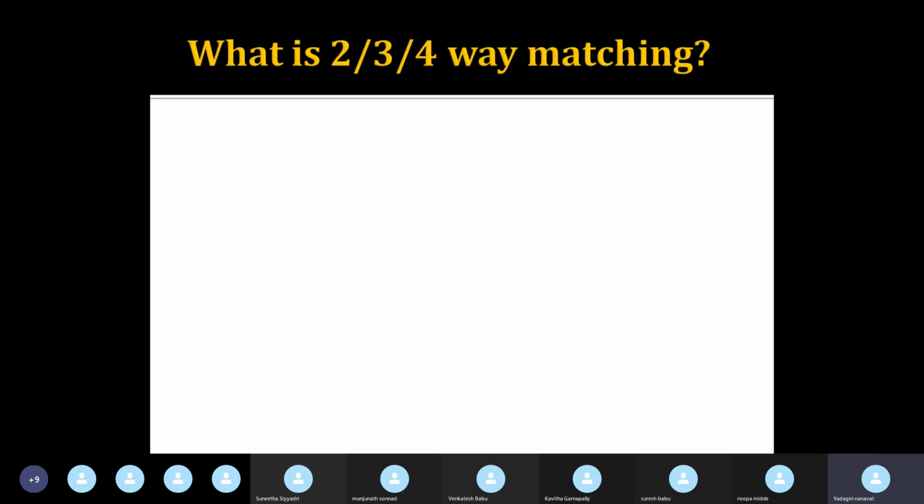What is two-way, three-way, four-way matching? Anyone? Three-way means purchase order, goods receipts, invoice receipts. Yeah. Two-way means purchase order and invoice receipts. Four-way means it includes physical verification. Yeah. Two-way means purchase order with invoice.